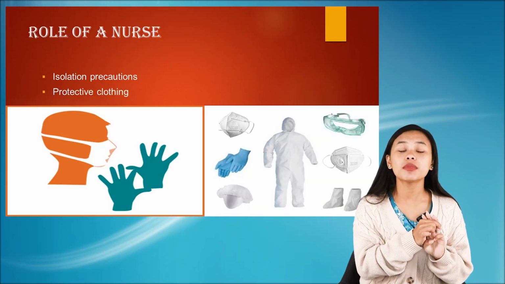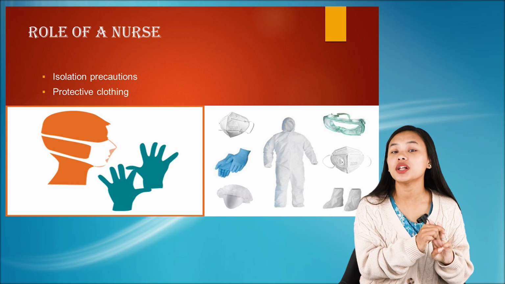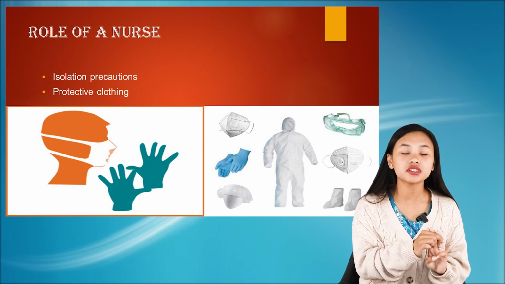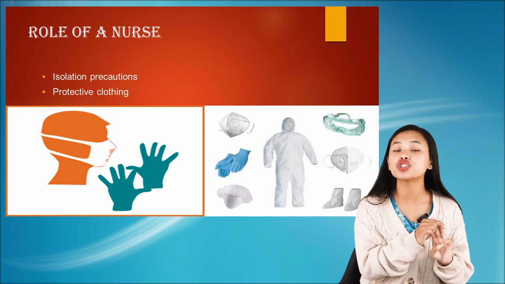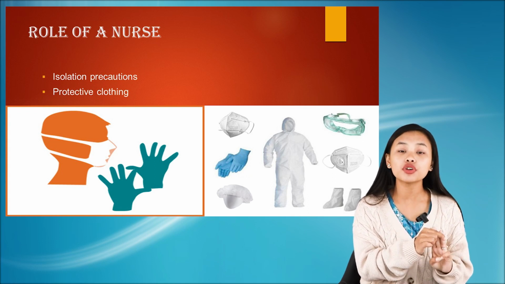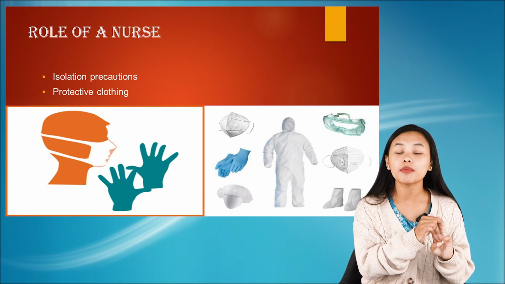Whenever a patient is admitted with an infectious disease, we must limit the number of visitors, because this can easily transmit the microorganism. We must also educate the visitors on the various hand washing techniques, as well as the techniques they can adopt in order to prevent themselves from getting these infections.